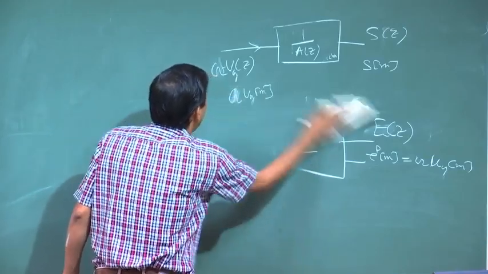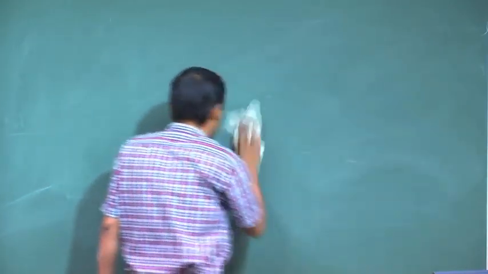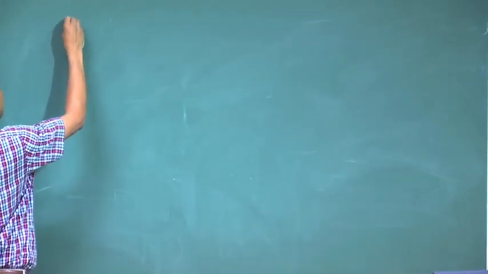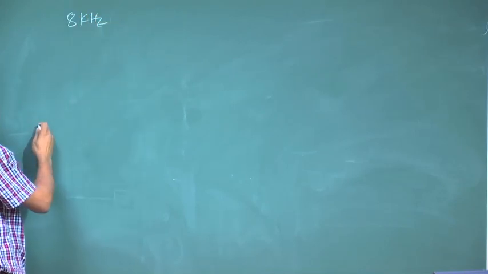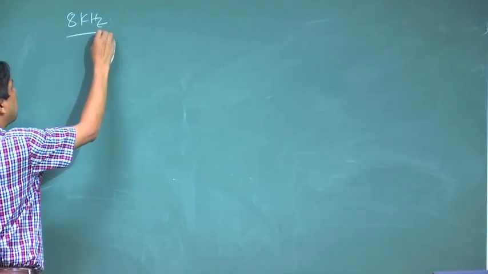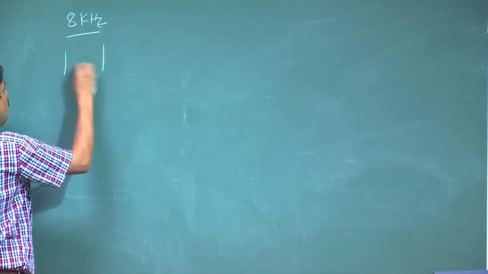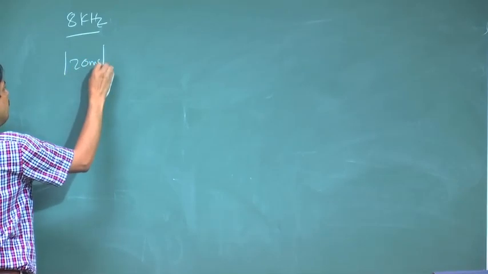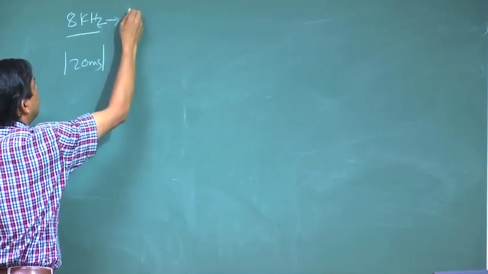In speech synthesis, I told you one thing. Suppose I have a speech signal sampled at 8 kilohertz, and I take a window of 20 millisecond, encoded at 8 bit.